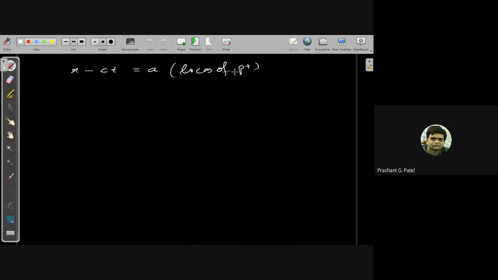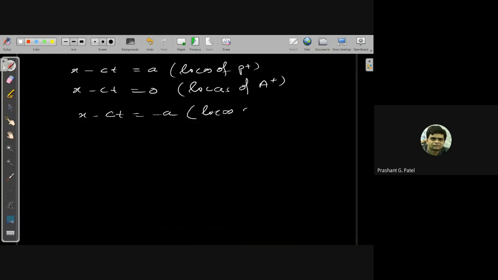That is locus of p plus. x minus ct is 0, that is locus of a plus. x minus ct is minus a, that is locus of q plus.